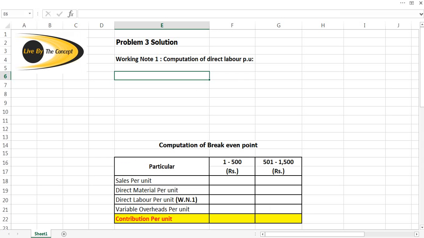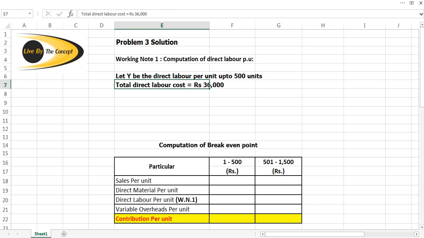Working note number 1, computation of direct labor cost per unit. First of all, we will go for the assumption, that is, let Y be the direct labor cost per unit up to 500 units. Now the total direct labor cost we have is rupees 36,000. Let us just generate an equation.